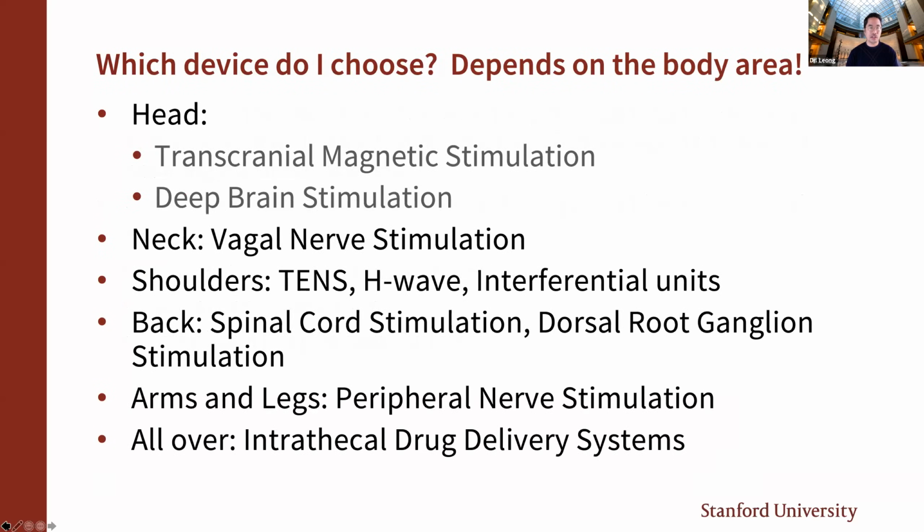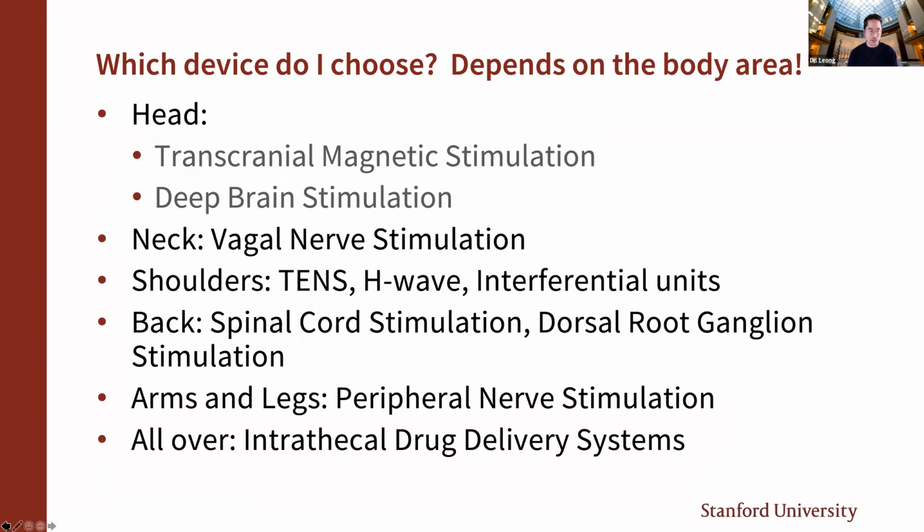Now, which device do you choose? The only way that I could group things together was actually by the body map. If you look at this, hopefully this will be relatively new for everyone out there, but you can actually have stimulation or targeted delivery pretty much anywhere in the body. In the head, there's transcranial magnetic stimulation.